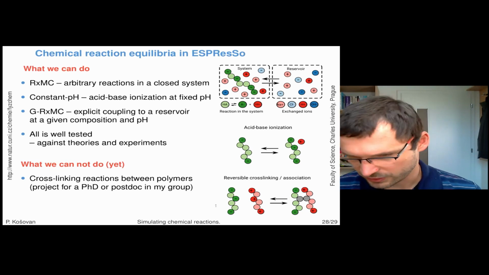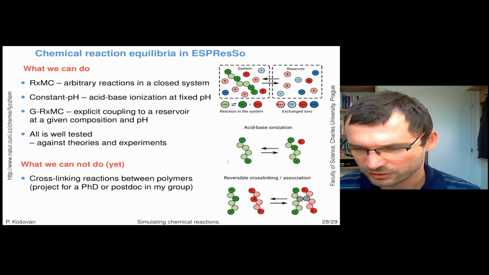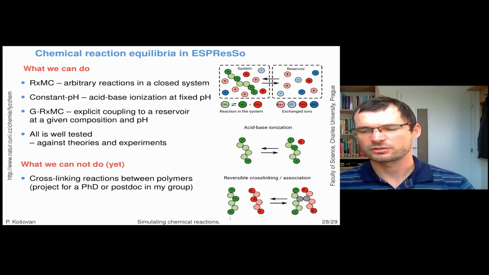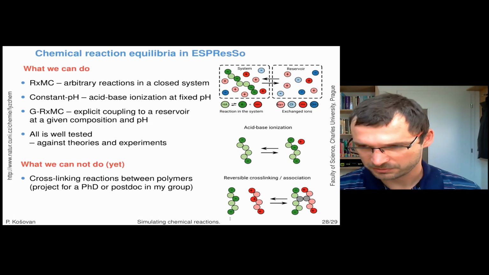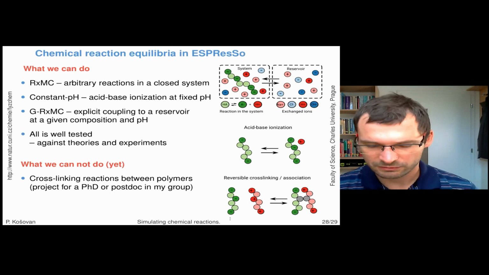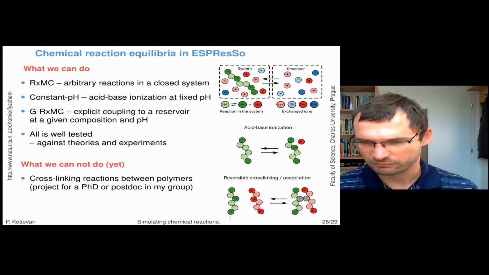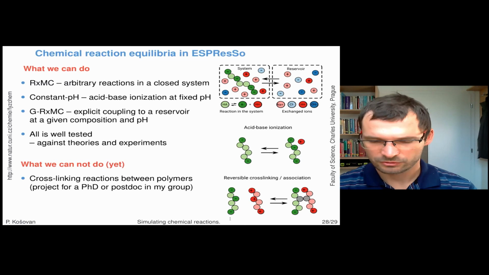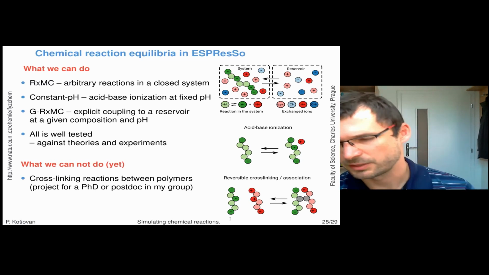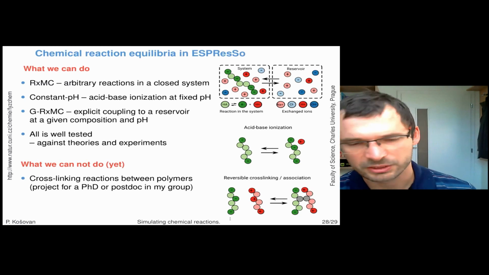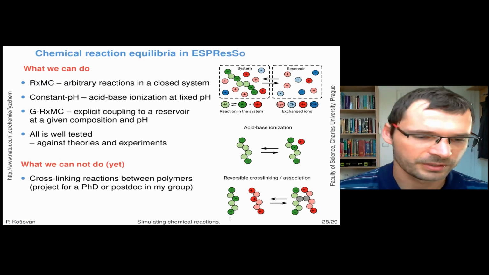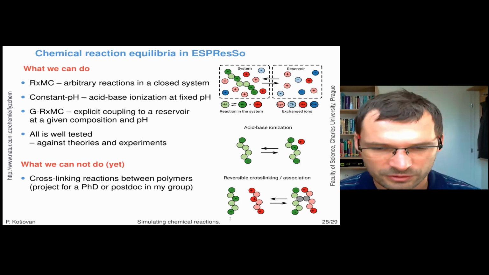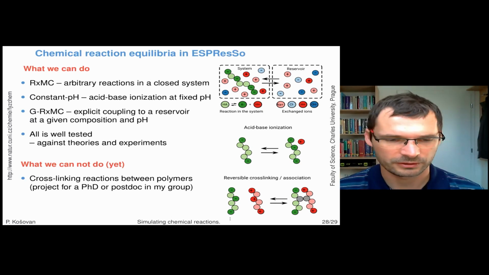And the reason for that is the implementation in ESPResSo rather than the limitations of the reaction ensemble algorithm, because our current implementation can create or delete particles, but there is no way of telling ESPResSo that the reaction step should actually lead to keeping both particles in the system and creating a chemical bond between them. So I suppose this problem becomes a project for a PhD or a postdoc, either in my group or in the group of Christian Holm.